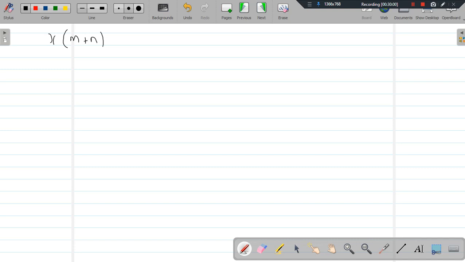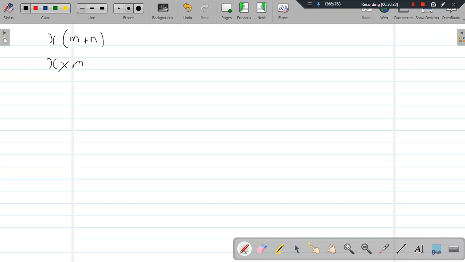In this example here, I have two terms, m and n. So x here will multiply this m. X here will also multiply this n. Alright, so what this is about is, I am going to have x times m.